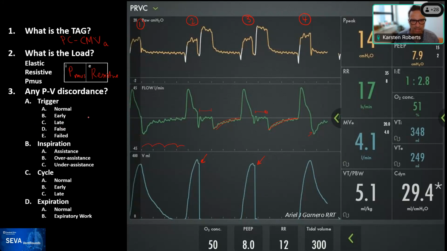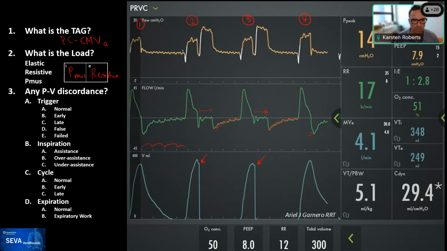Yeah, I like the idea of a normal trigger, because whether the patient makes an effort or the ventilator delivers a breath at a set time, I always ask what should happen in that moment. As soon as there's a trigger from any source, what should happen? The ventilator should pressurize, right?